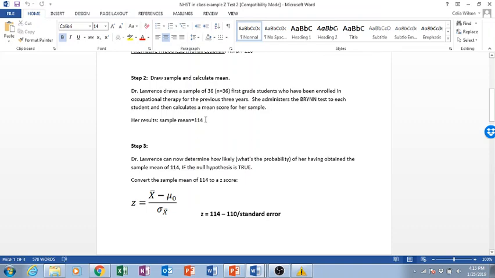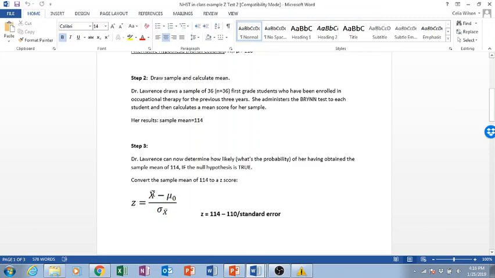So now, using the z-test, she can determine the probability of her having obtained the sample mean of 114 if the null is true. Remember, the null says there are no differences. So the null says that the occupational therapy group is also 110. All right, so convert the sample mean of 114 to a z-score, or do the z-test.